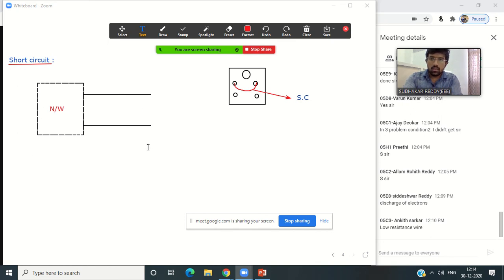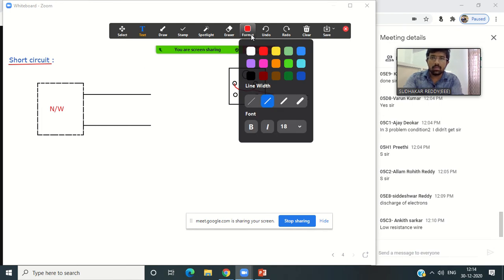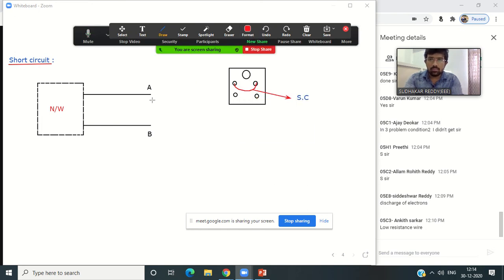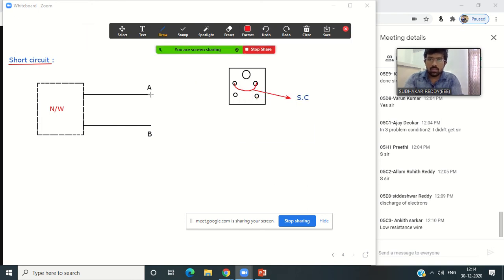For this network I can see two outcoming terminals, and I am naming them A and B: A means the phase terminal and B means the neutral terminal. The remaining network I indicate like this. Now if we connect a conducting wire directly, not a normal wire.